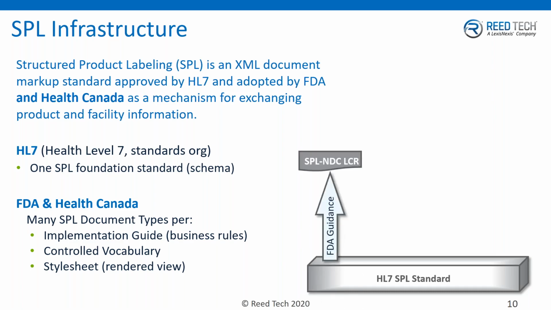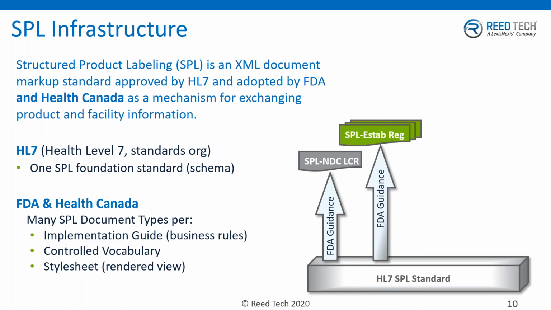First example is with FDA guidance going way back to the early 2000s. They use it for a National Drug Code labeler code request, an NDC labeler code request. So that was a particular use. It has some instructions about how you create it, and it looks a little bit different than another use for establishment registration.